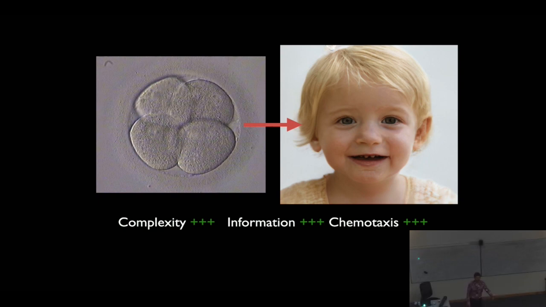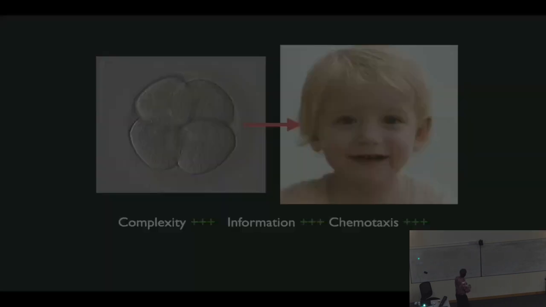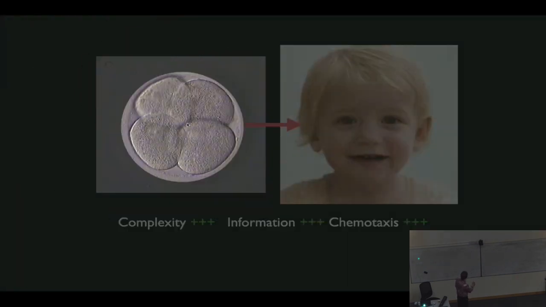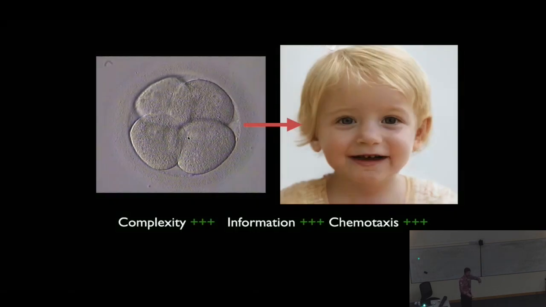We no longer believe that there's a little human physically encoded in all of that. All the information must be created by the cells themselves. In order to do that, you must have a great increase in the amount of information. And when you've got all that information, or as part of getting that information, you need the different cells and layers of cells to move with regard to one another, or you'd just be spherical.